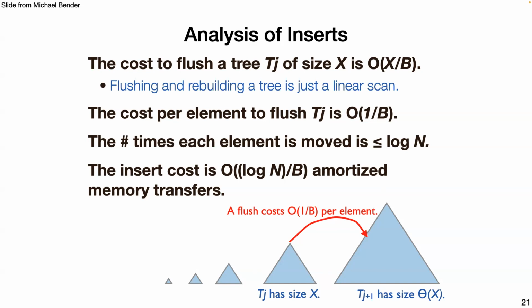The easiest way to flush and rebuild is to flatten it and then merge the arrays and rebuild the tree. And the number of times that you have to do this flush is bounded above by log n, because you have log n trees. And so the insert cost is log n divided by B amortized transfers, because it costs you 1 over B per element on each flush, and then you have to do log n flushes.